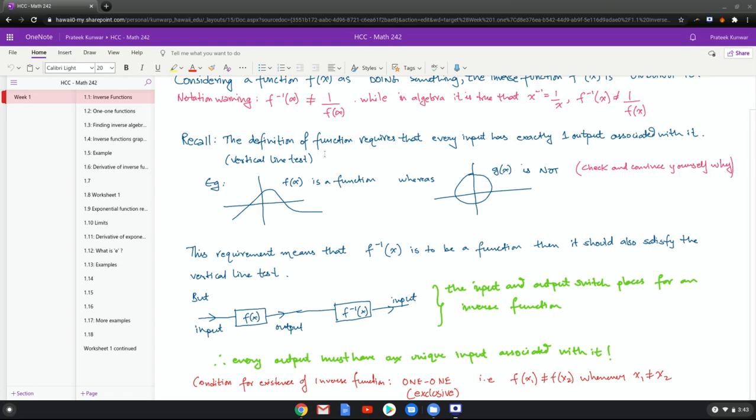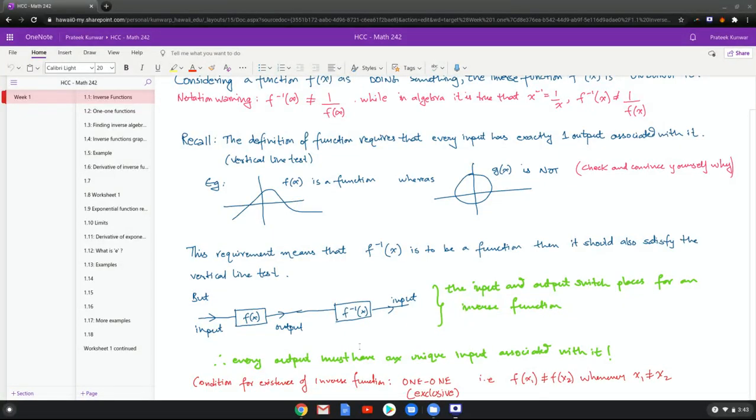Now, based on our requirement for what a function should do, this means that every output must have a unique input associated with it, right? Because in this case, the output is the input and the input is the output. So we can say that the condition for existence of an inverse function is that the function that you're trying to take an inverse of has to be one to one.